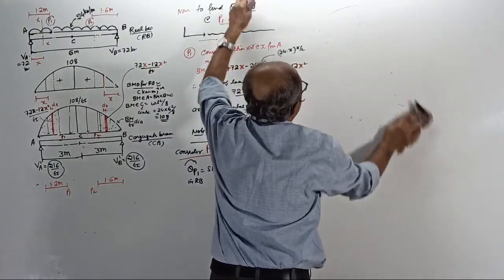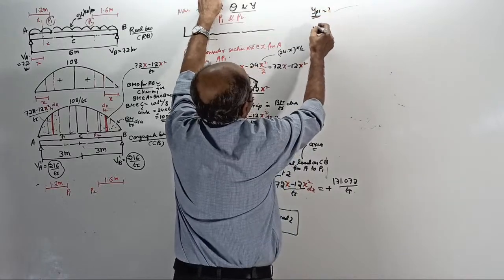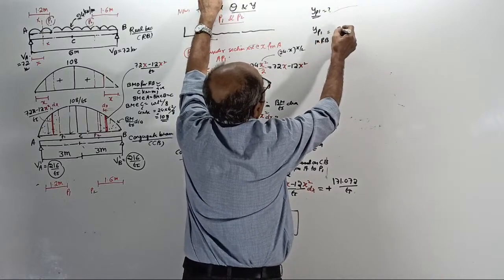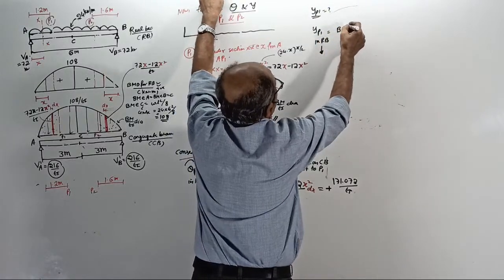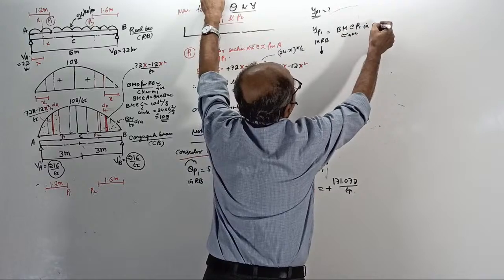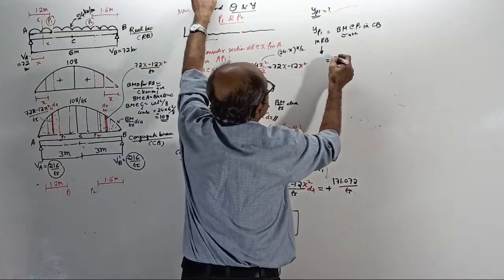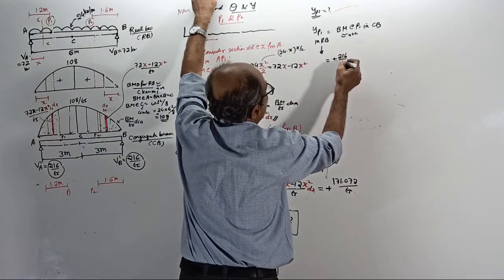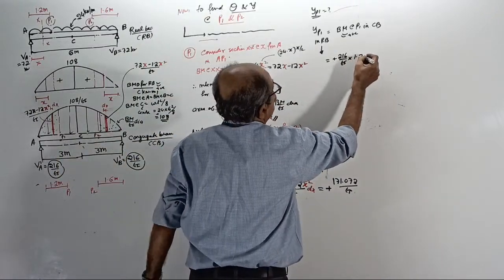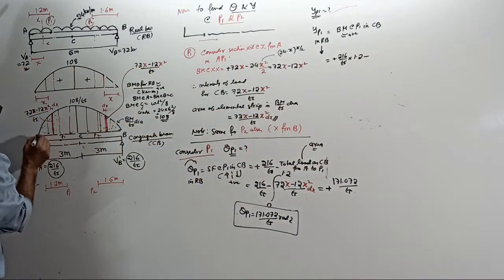Now I want deflection at P1. Okay, start. How much? Deflection at P1 in real beam, in the downward direction, equal to bending moment at P1, sagging positive, in conjugate beam, equal to, see, bending moment at P1: plus 216 by EI into 1.2 into 1.2 minus moment of area from A to P1.